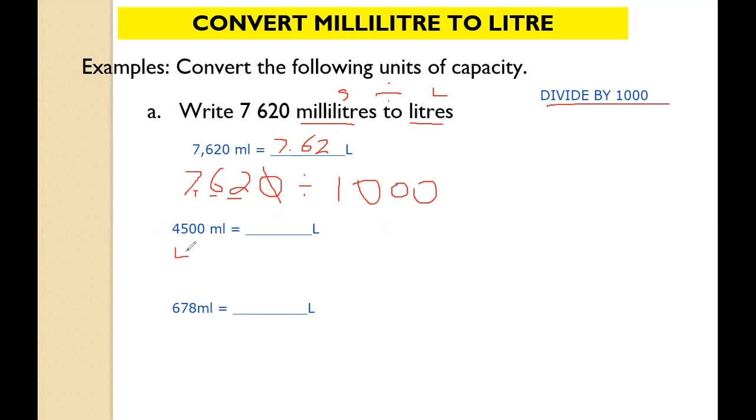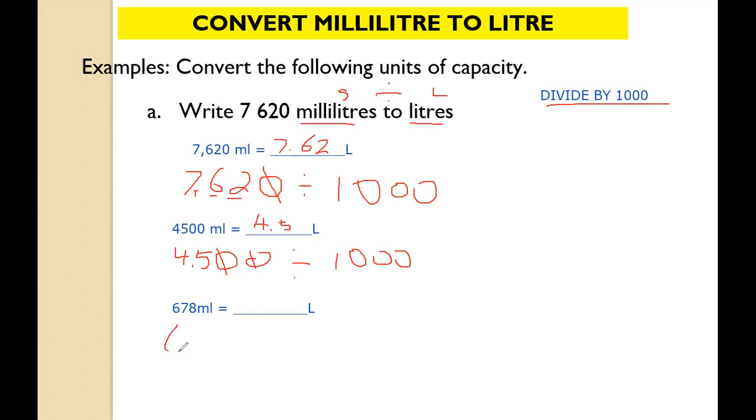So 4,500 divided by 1,000. We move 1, 2, and 3. Since we don't have a 0 anymore, you just move to the left 3 times, and then you have the answer. So 4,500 ml is 4.5 liters.